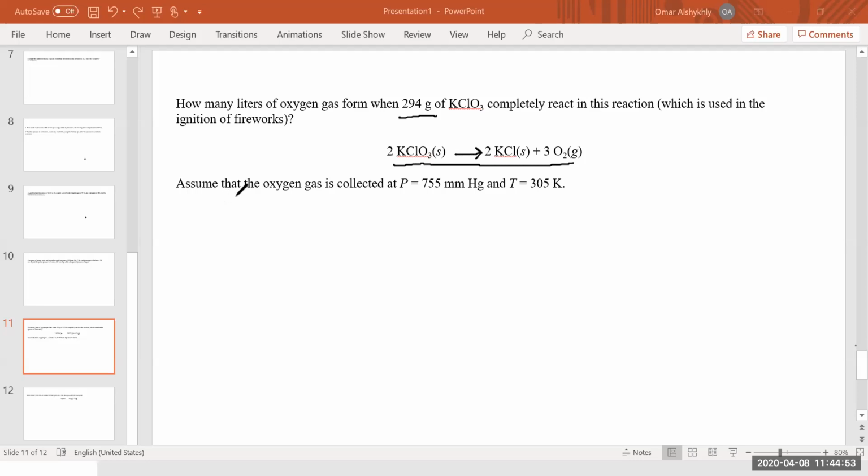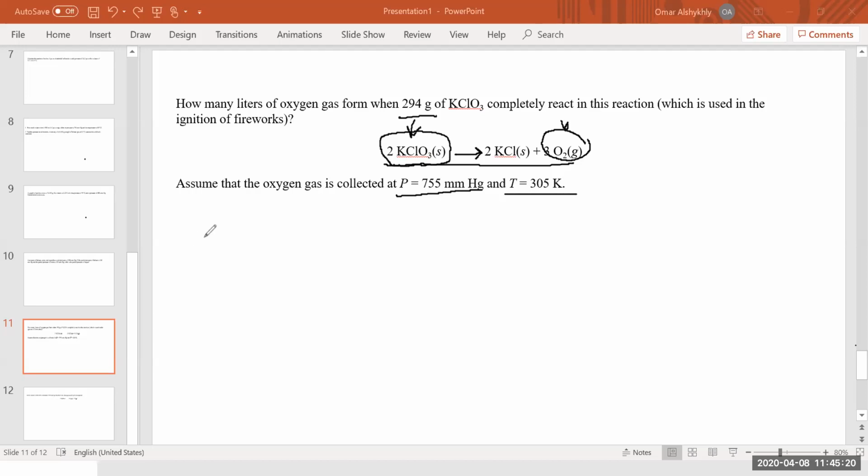Assume that the oxygen gas is collected at pressure 755 millimeter mercury and temperature 305 Kelvin. So they are asking how many liters, the volume, of oxygen gas form if we have used this mass of KClO3.